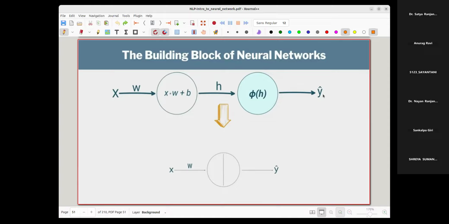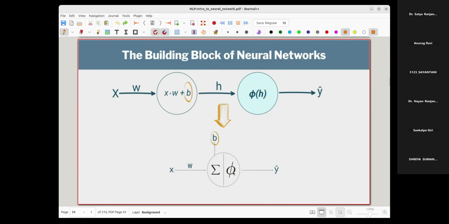The first half of this circle will do the summation. What is summation? It is x into w. There may be many x and many w, and that is done here. Here b is not considered, only x into w. Now this part is phi. Whatever output you obtain after this summation, you pass to this phi, that is your nonlinear activation, and then it will give you the output.